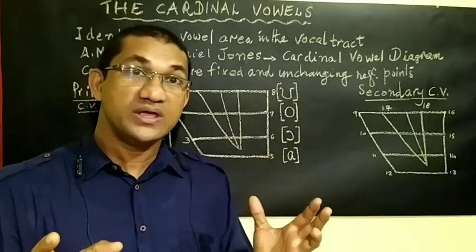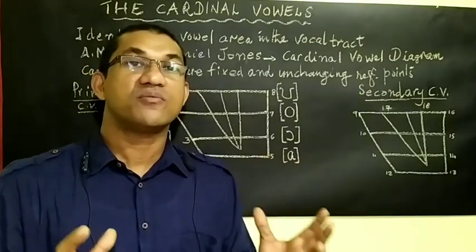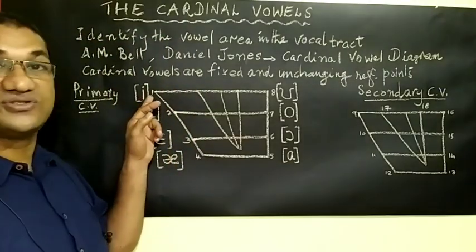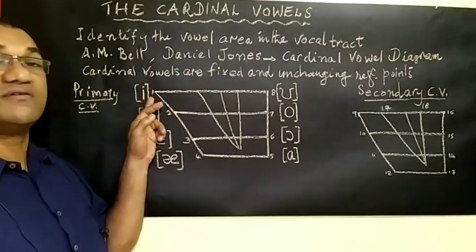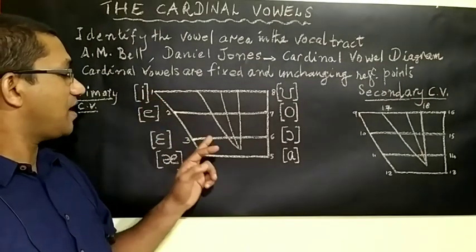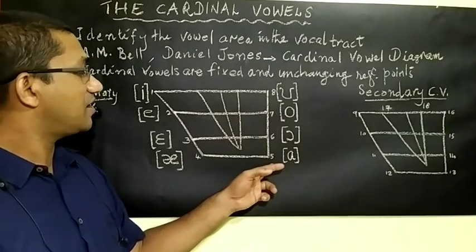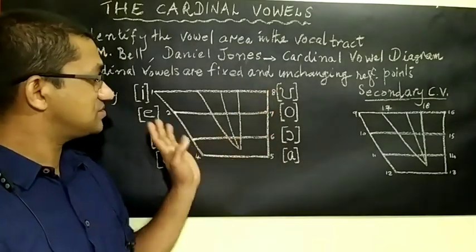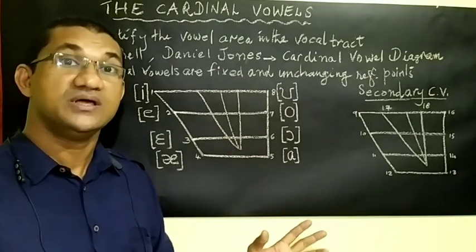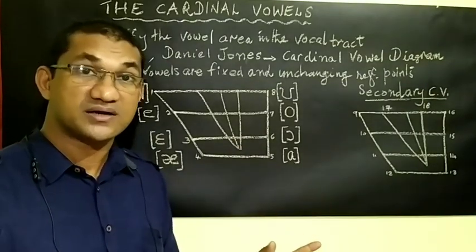So what do we understand from the cardinal vowel diagram? We have the very first number 1. This is cardinal vowel number 1. Then we have 4, 5 and 8. These are of course the outer points of the cardinal vowel chart.